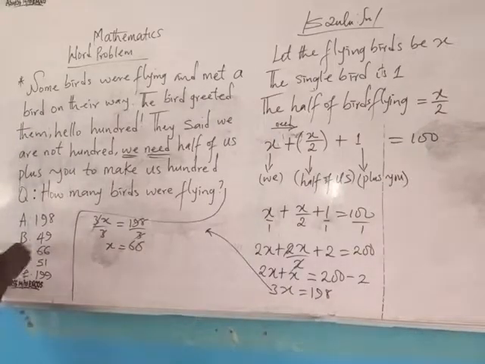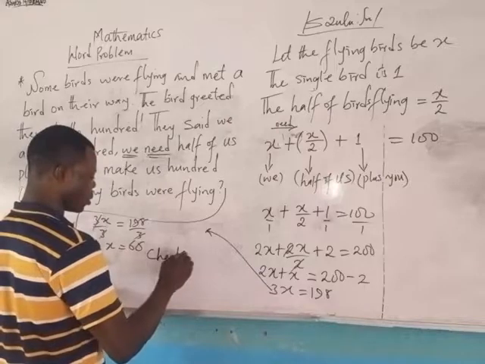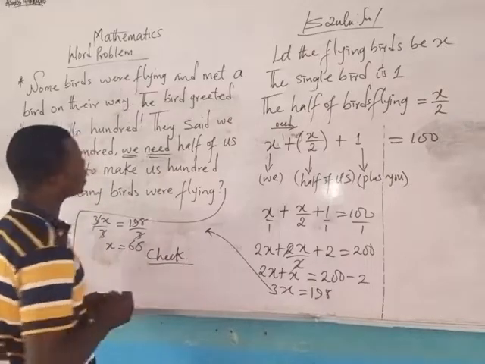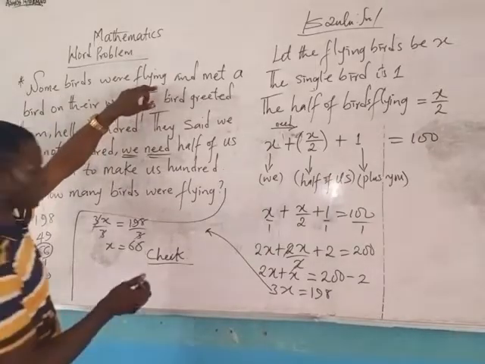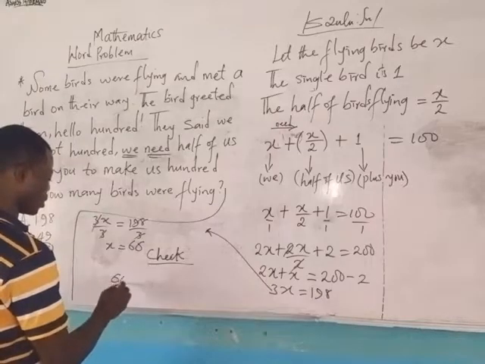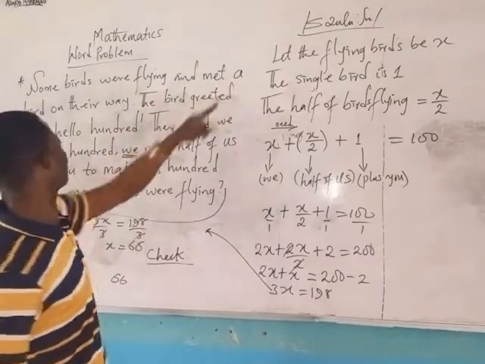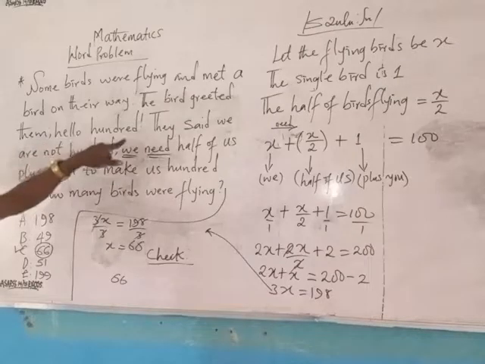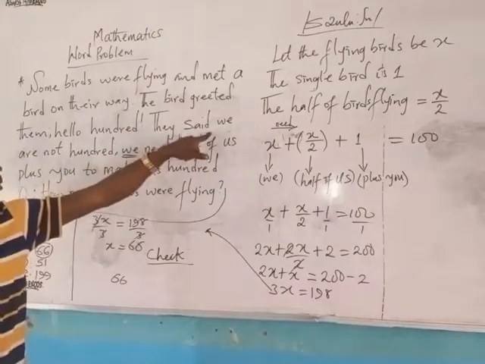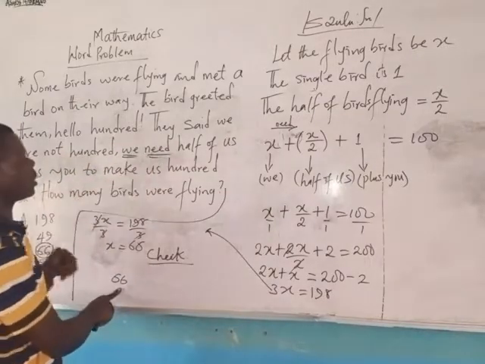So the correct option is C, which is 66. Let's check if it is correct. Some birds were flying, and the birds flying now is 66 birds. That is, 66 birds were flying, met one single bird that greeted them, "Hello, 100." The 66 birds said we are not 100.